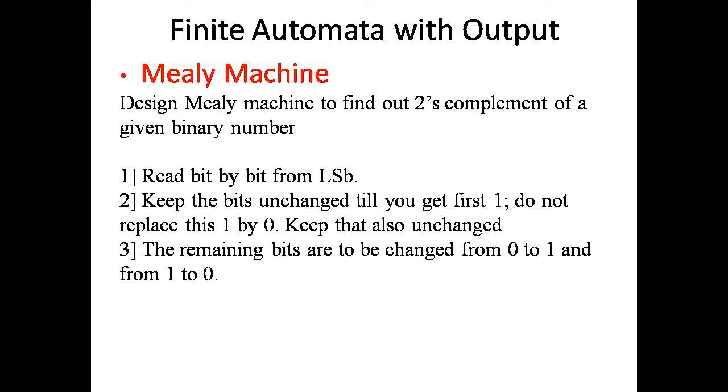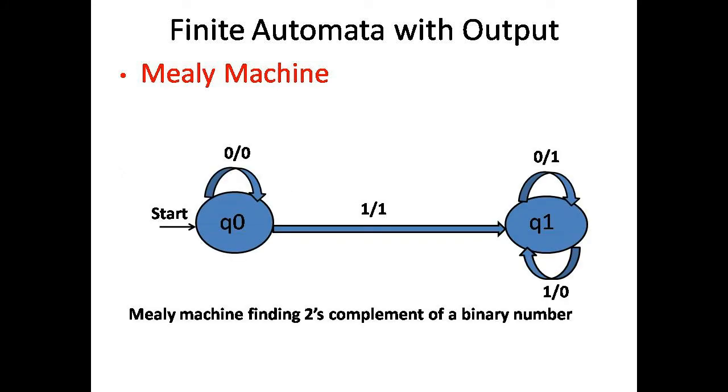Number 3, the remaining bits are to be changed from 0 to 1 and from 1 to 0. The design here requires two states, that is Q equal to {Q0, Q1}. In this transition diagram, there are two states, Q0 and Q1.